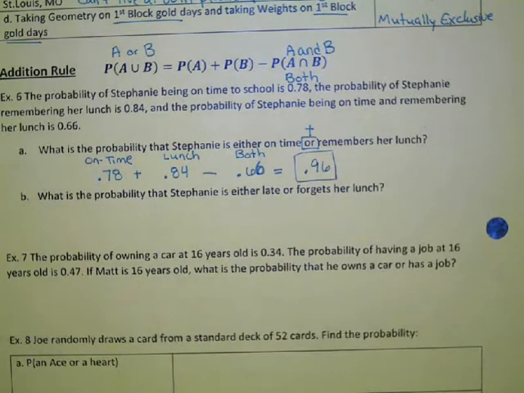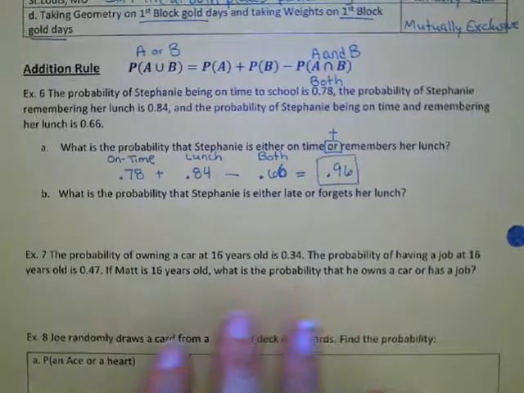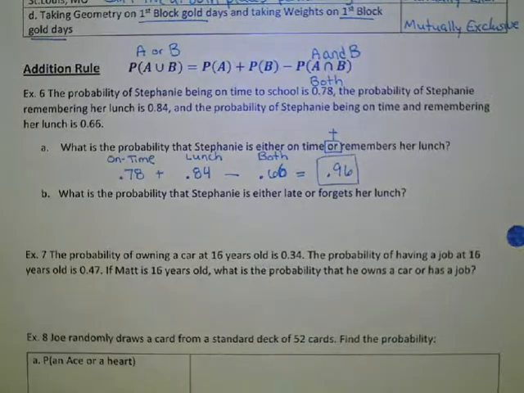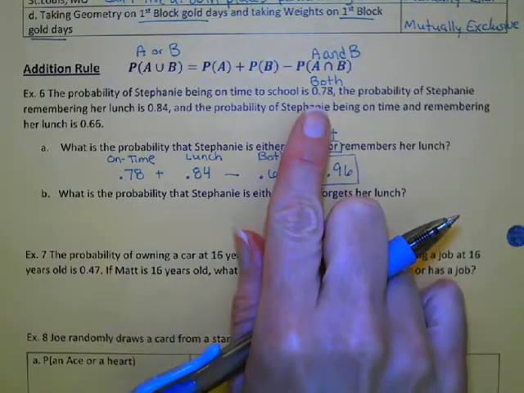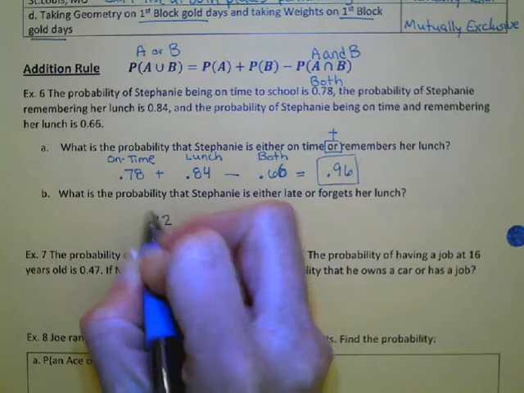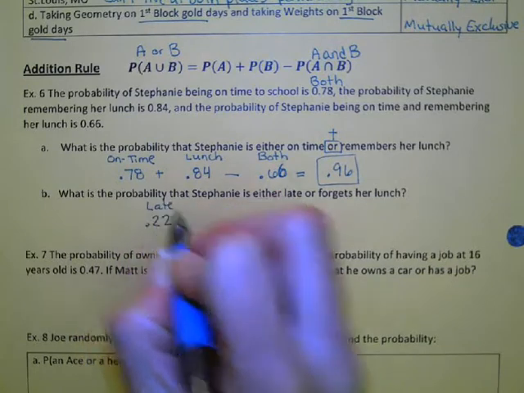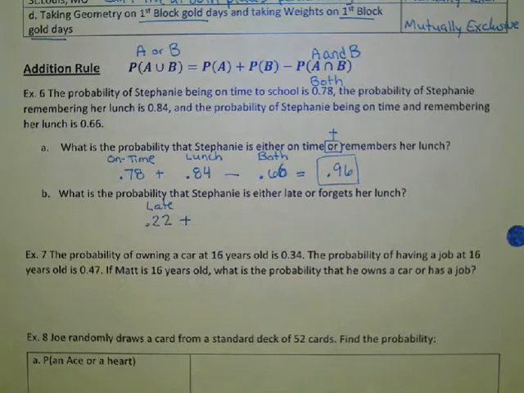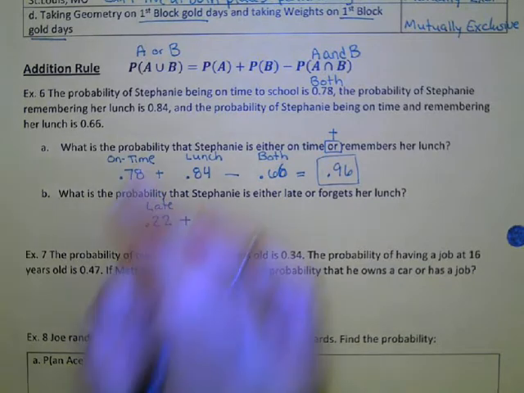This is kind of like the backwards version, the not version of something. What's the probability Stephanie will be late? She's on time 78%. She would be late 22%. So 0.22 for being late plus forgets her lunch. So 0.84, minus, 1 minus 0.84 is 0.16.